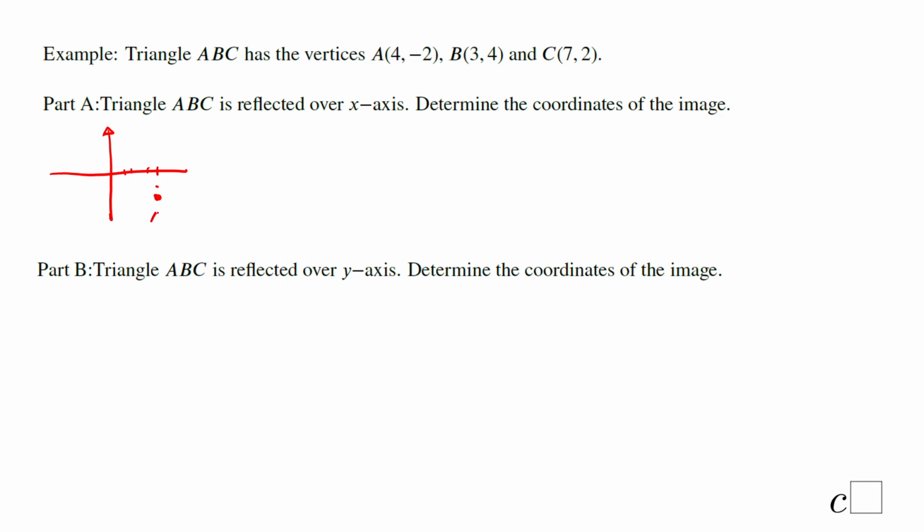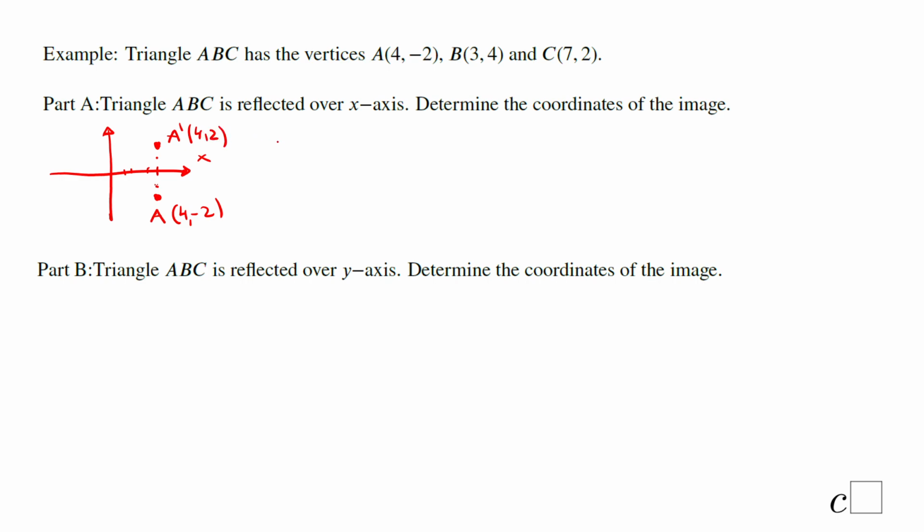This is the point A (4, -2). And reflect it over the x-axis, which is this horizontal line, and that means A prime is going to be 1, 2. So you see I count 2 units from A to the x-axis, and 1, 2, and A prime will be here, and that will be (4, 2).